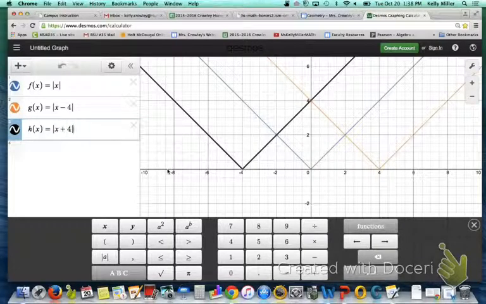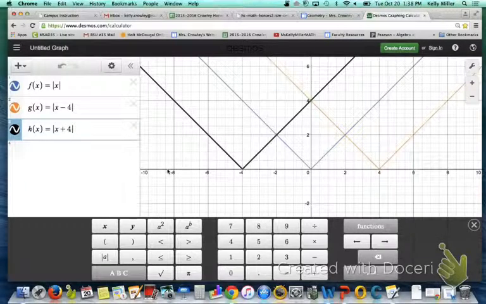So the -3 underneath the square root is going to move it where? To the right 3 units. So we're going to translate right 3 units. And then the +2 is going to have us do what?